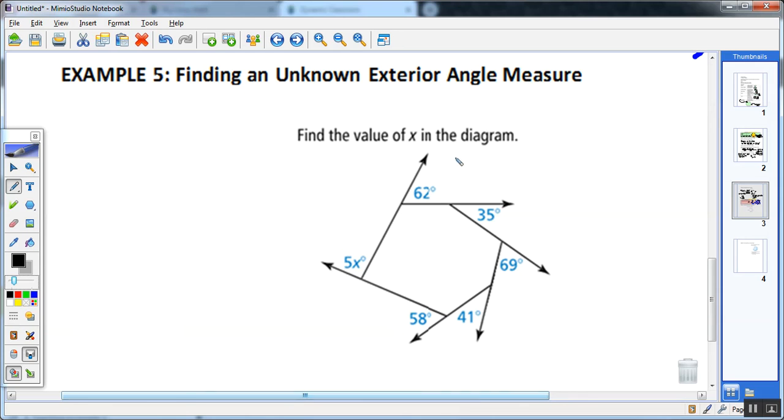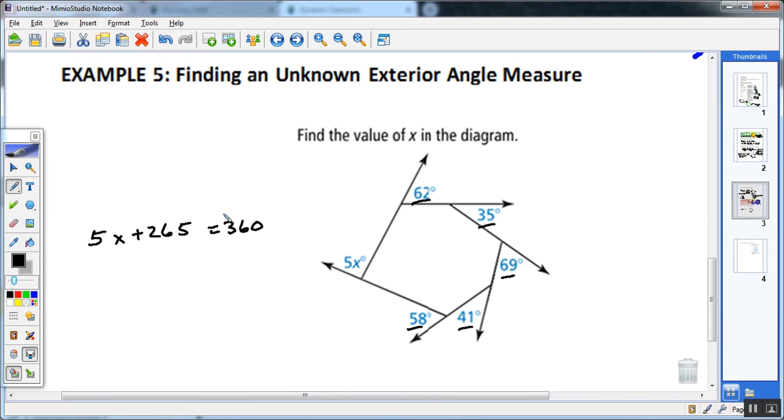Okay, first question. What's going to be true about all these angles right here? They have to add up to 360. So what did all the known values add up to? 265. So do you guys agree that I can say 5x plus 265 would have to total what value here?